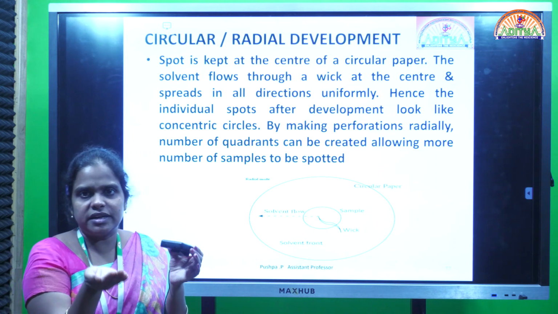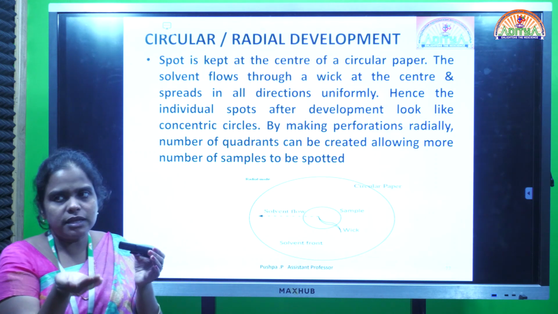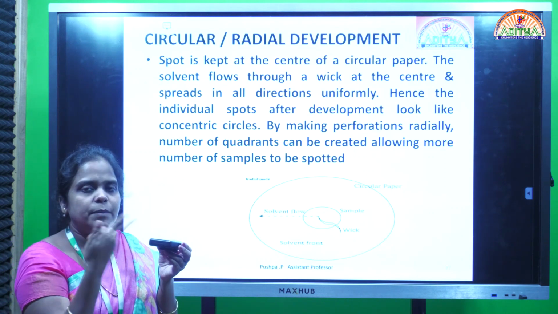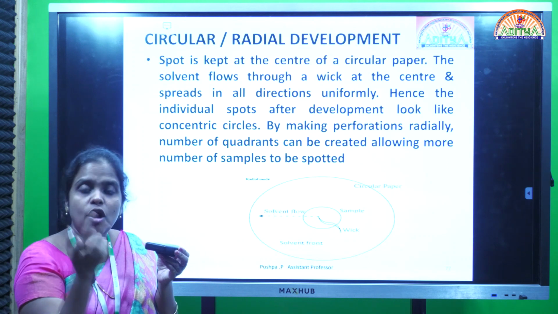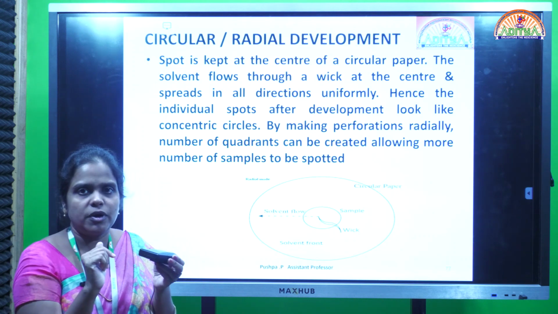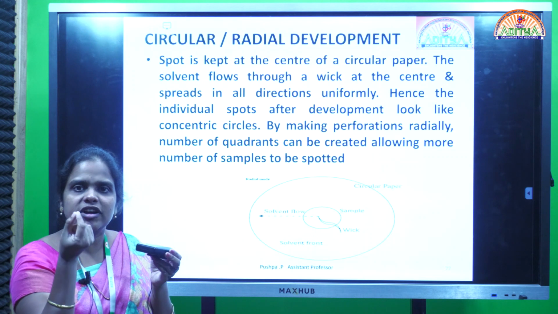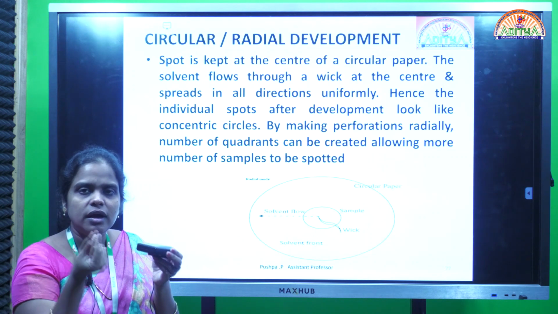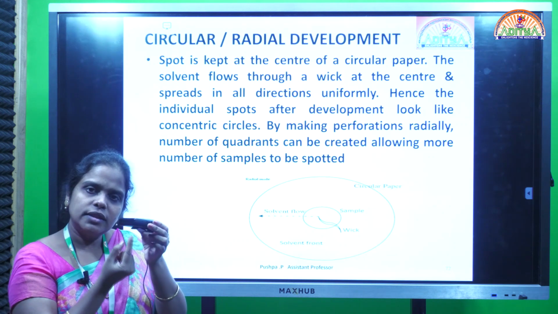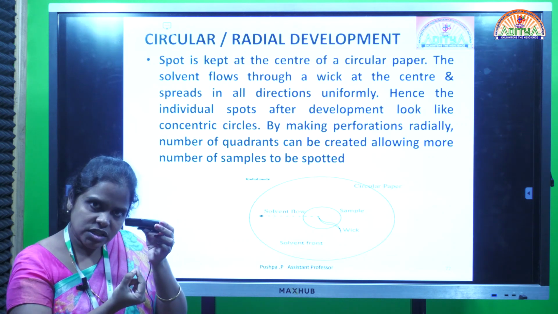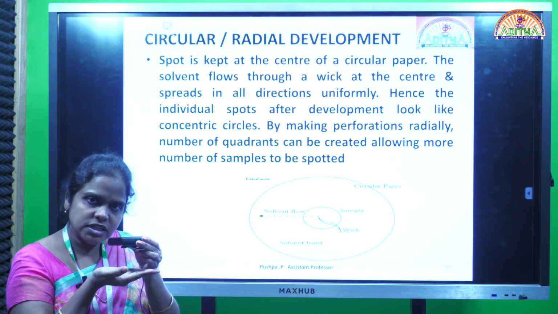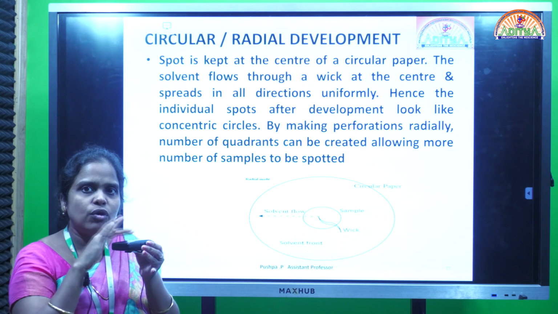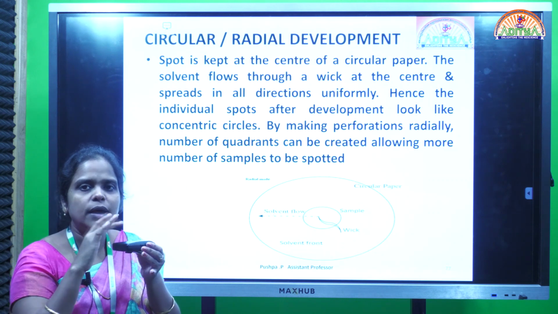First of all, we take the petri dish and add the mobile phase, and then we take the circular or radial Whatman filter paper, on which we already did the sample spotting, and in the middle we keep one hole, and into that hole we send the cotton wick. The cotton wick will also touch the mobile phase present in the petri dish. Through this cotton wick, the mobile phase will flow or move through the paper.